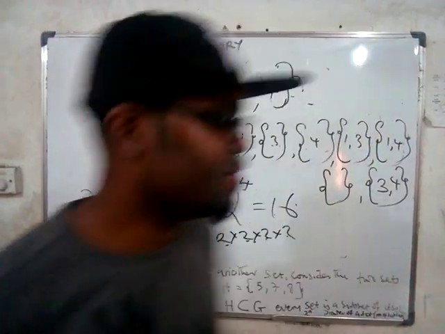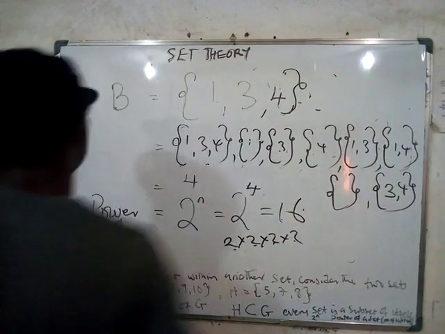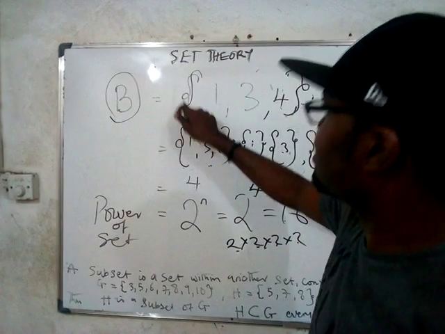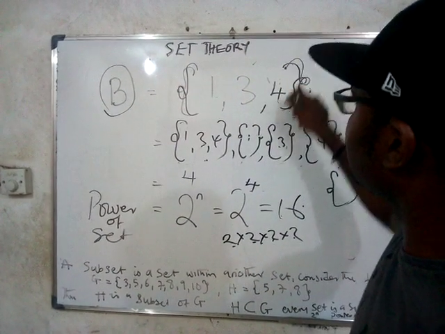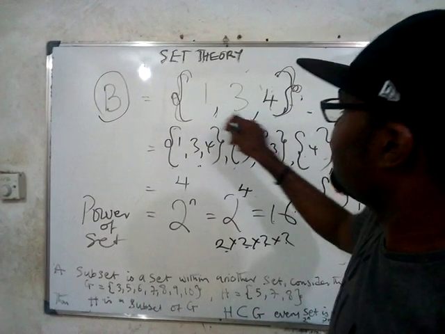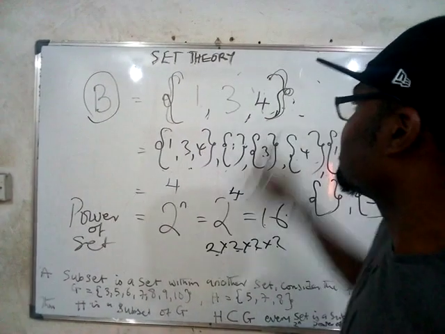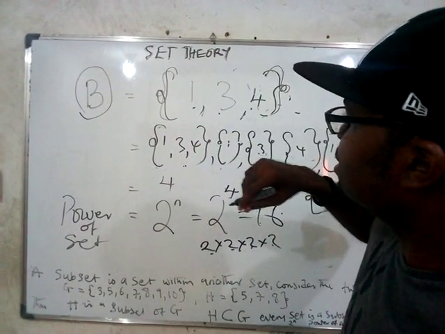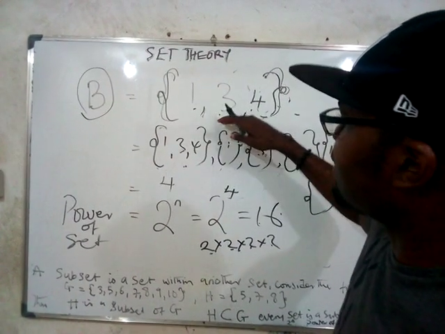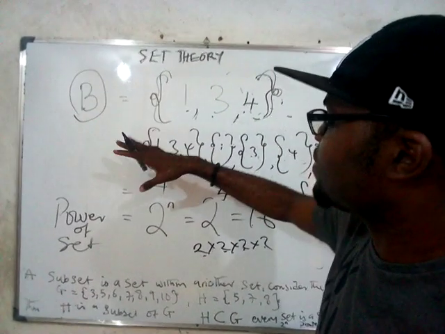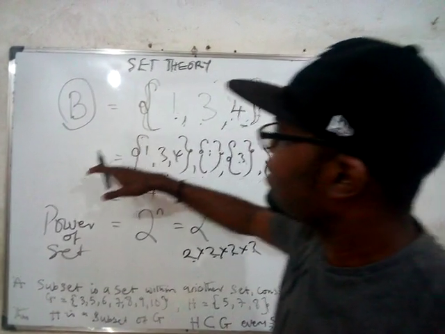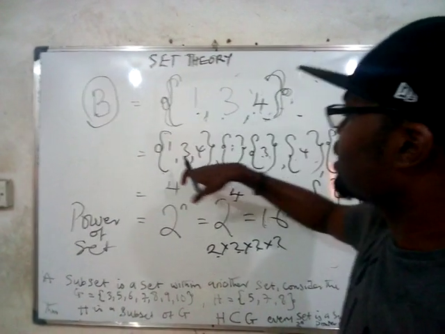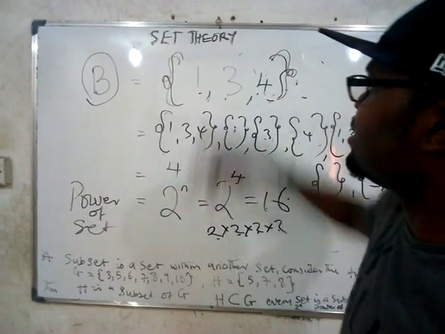So that is set theory. Make sure you understand. Every set is represented with a capital letter, and the contents or the collection must be enclosed in curly brackets, and the elements must be separated with commas. These are the elements. And a subset of a set is another set that contains elements that are inside the main set.